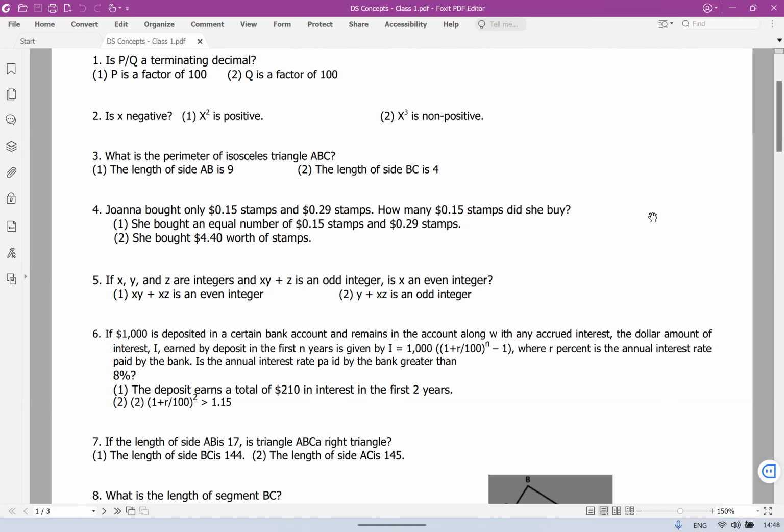Which question, Rahul, it is? Question number 4. Okay. Jonna bought only 0.15 stamps. B. Who's that?